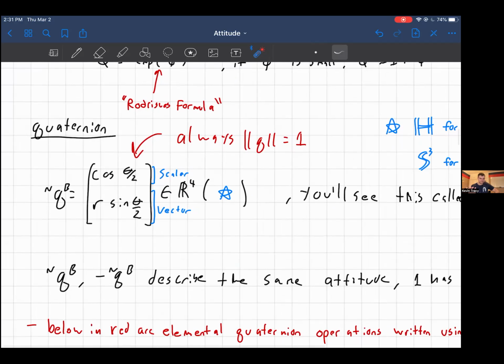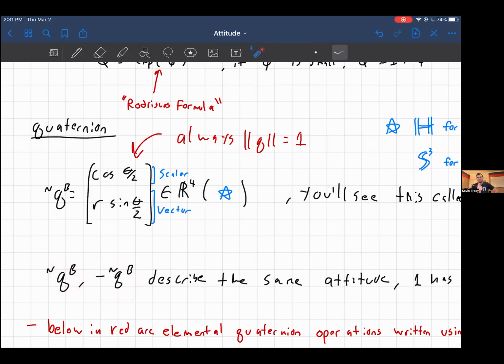The next thing is the positive and negative versions of this. Before, I talked about how I can spin an angle greater than pi in one direction, or an angle less than pi in the opposite direction, and I can always recover the same relative orientation of these 2 bases. This is true with axis angles. In quaternions, this ends up being the positive and the minus. For every attitude, there are 2 quaternions that describe it: Q and minus Q. They describe the same attitude, but they're different rotations.